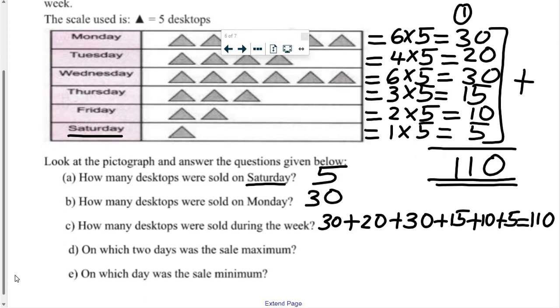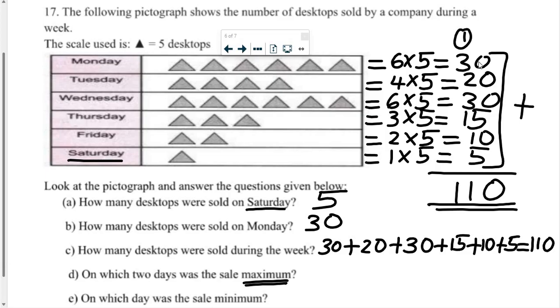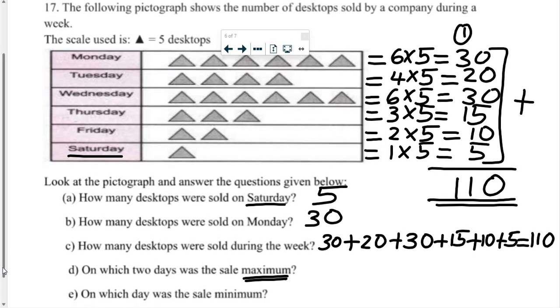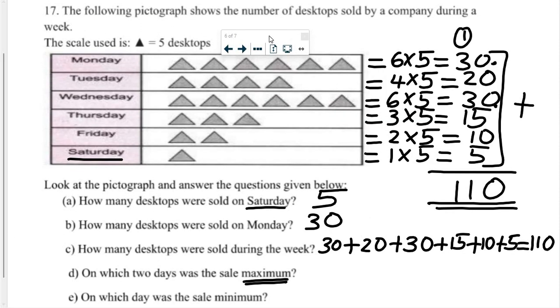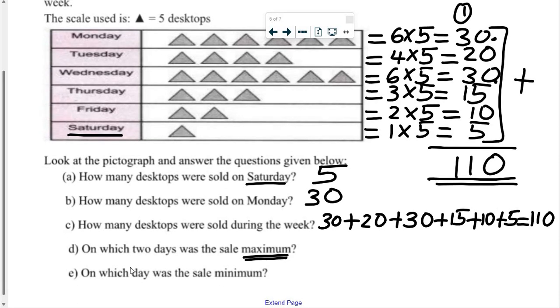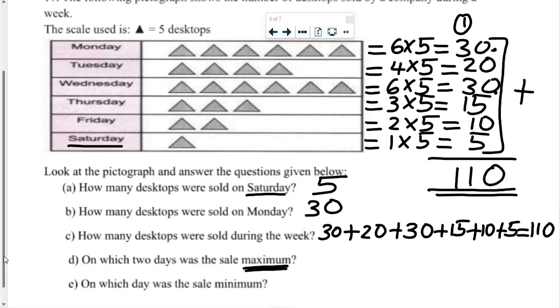The next question, on which 2 days was the sale maximum? Look for the big number out of this. We have on Monday and we have on Wednesday. Or even if you don't have these numbers, you can look at these pictures and tell on which days the sale was maximum.